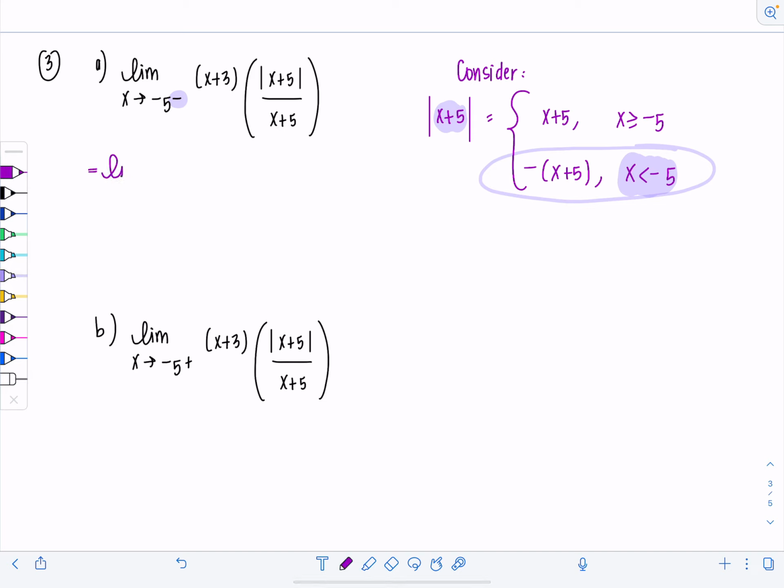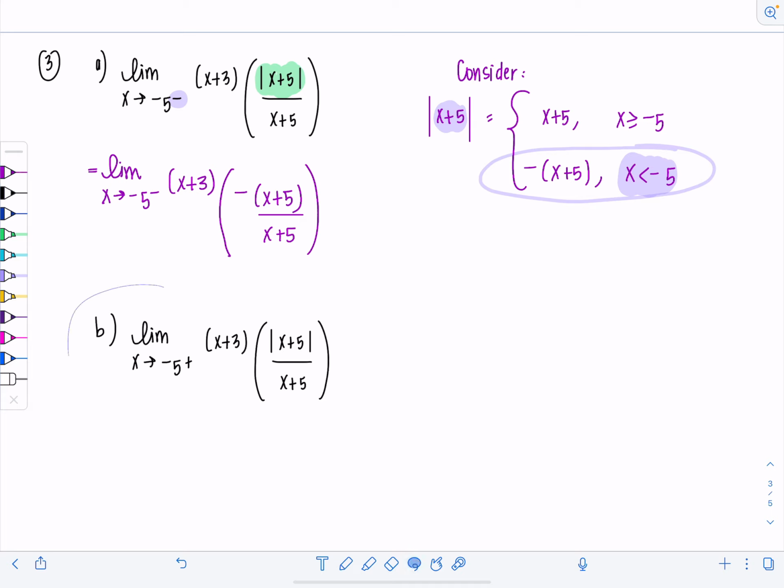So now I'm going to write this as the limit as x approaches -5 from the left of x plus 3 times, now be careful. So instead of writing absolute value of x plus 5, I'm going to put the opposite of x plus 5 over x plus 5. See that? Ooh, that's not what I wanted. Okay, I'll draw it myself.